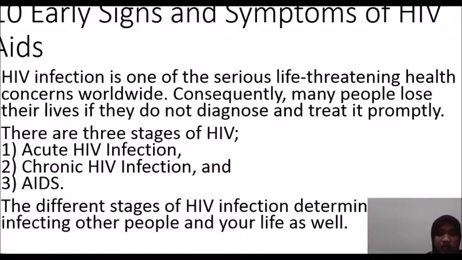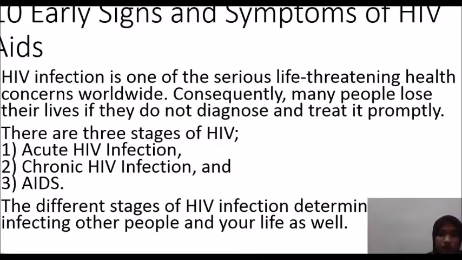So there are three stages of HIV, which is acute HIV infection, which is the flu-like symptoms that occur within the first 2 to 4 weeks of contracting HIV infection. Next is chronic HIV infection, which is known as clinical latency, which can last for decades.